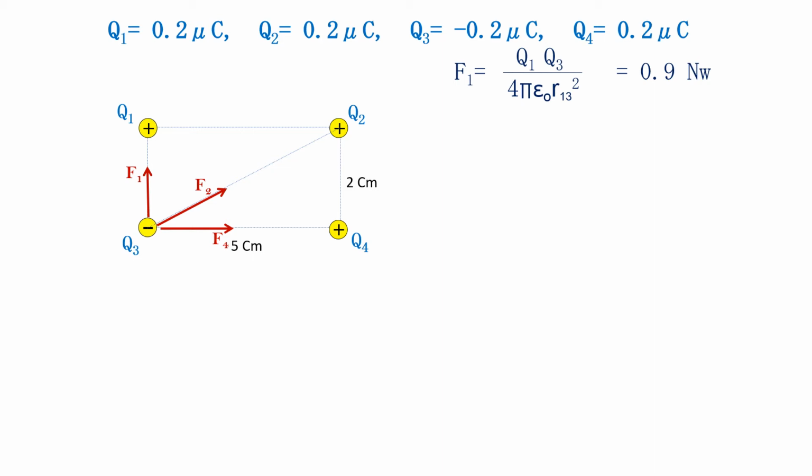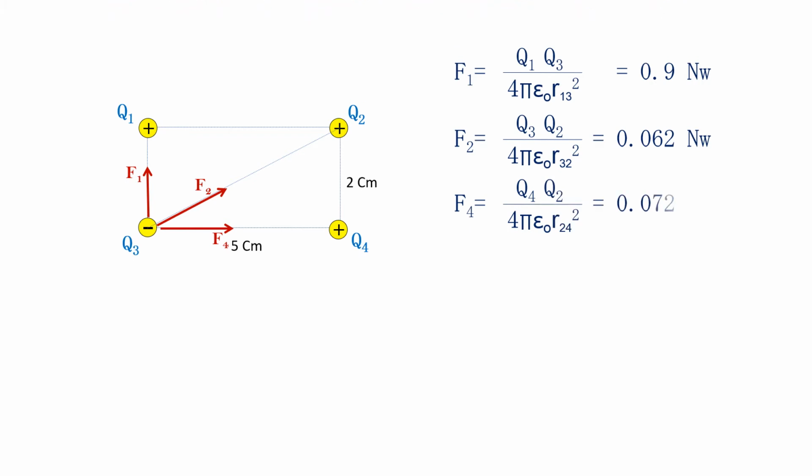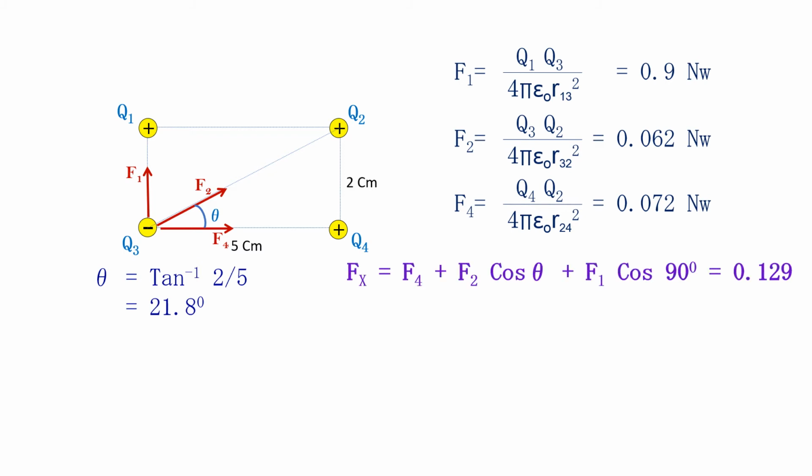F1, when you use Coulomb's law, you will get as 0.9 newtons. F2, you will get 0.062 newtons. F4, 0.072 newtons. If you call this angle theta, that theta is tan inverse 2 divided by 5. It will come as 21.8 degrees.